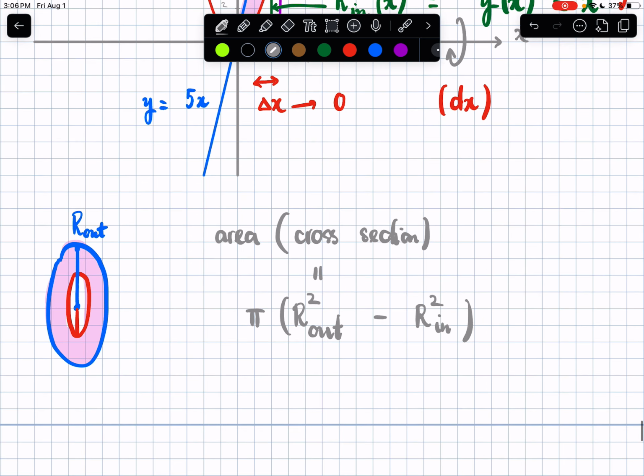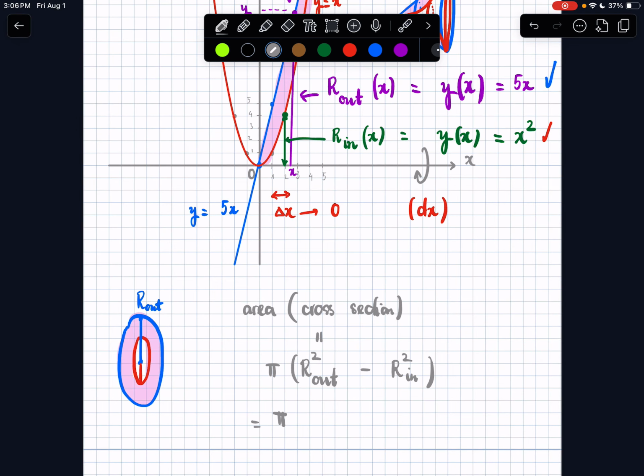So this one is pi times (5x) squared, 25x squared, minus (x squared) squared, so x to the fourth.